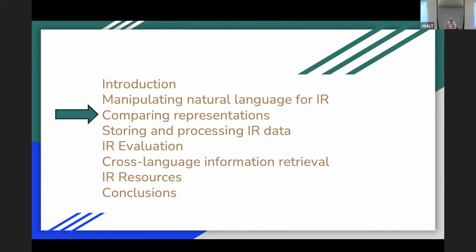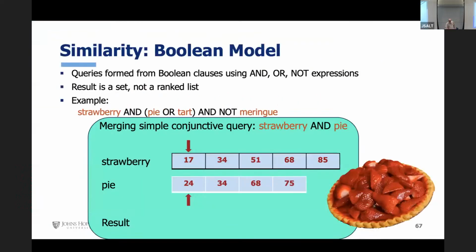Okay, so we now know how to represent documents, right? We have a bag of vectors. And now we need to be able to say, here's a document, here's a query representation. How close are they? Is this document relevant to this query or not? So the old way of doing things was a Boolean model.